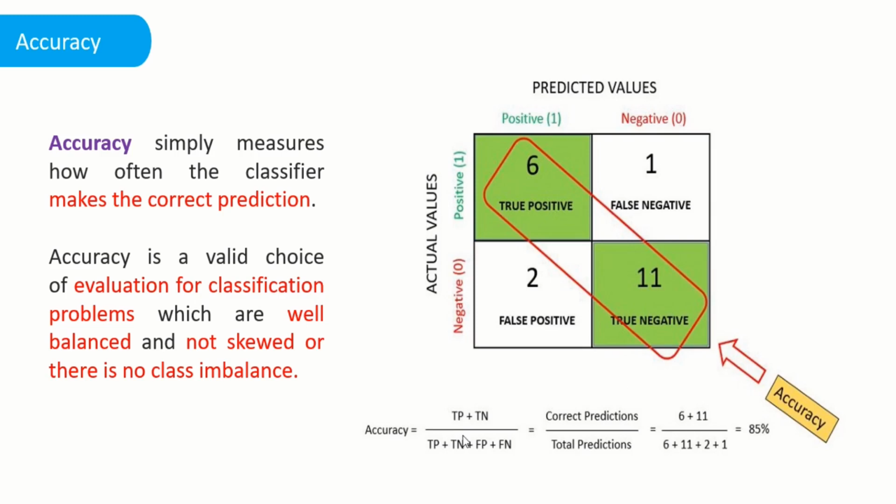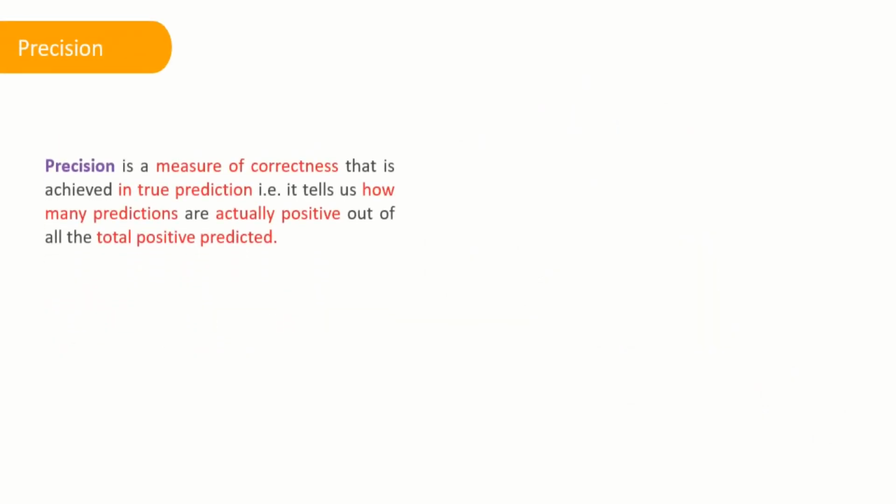The diagonal elements are in the numerator and the summation of all 4 values, the total predictions, is in the denominator. Here the true positives are 6 and true negatives are 11, so 6 plus 11, and we have calculated it as 85%.